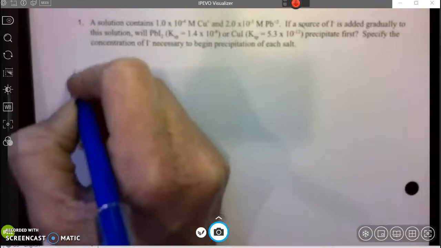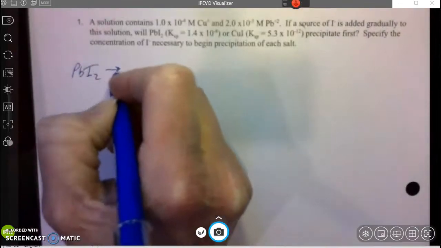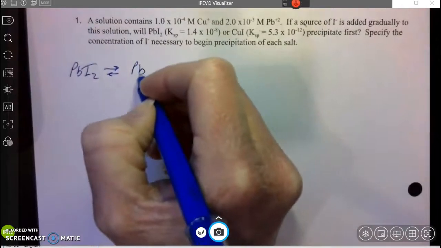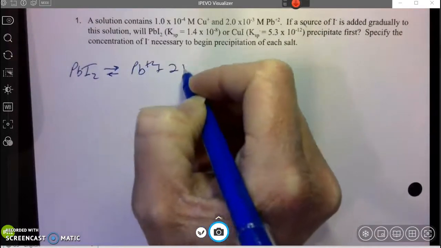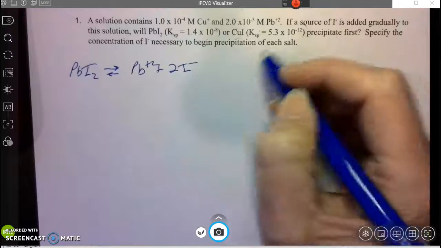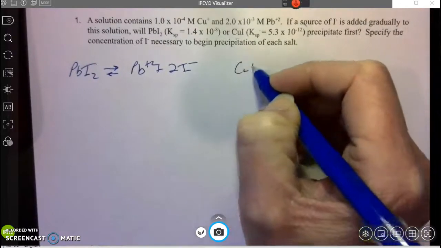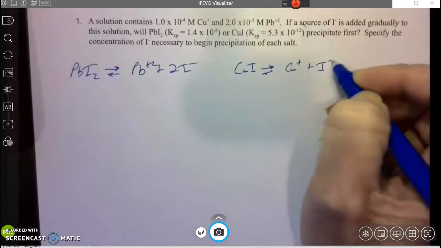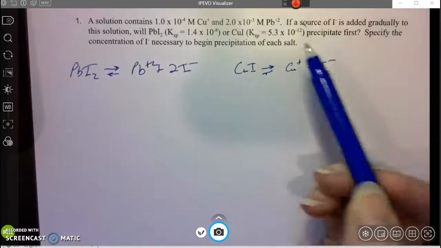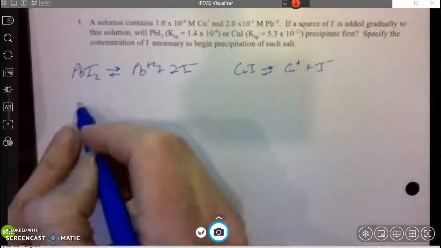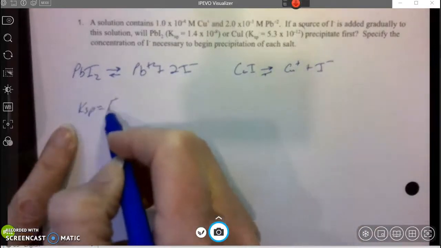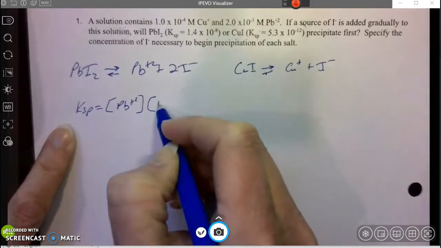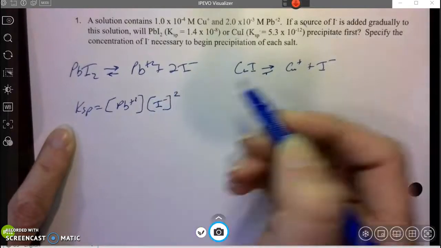So I'm going to write my expressions for my two compounds. So Pb2+ times I minus squared, and for Cu plus 1, Cu+ times I minus. And then I'm going to substitute in what I know for my Ksps after I write my expressions here.